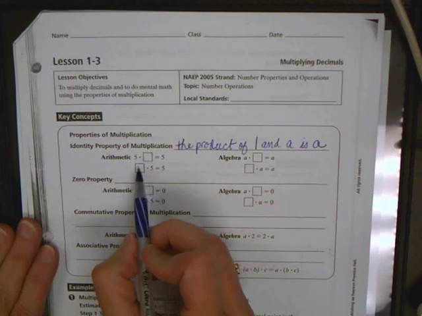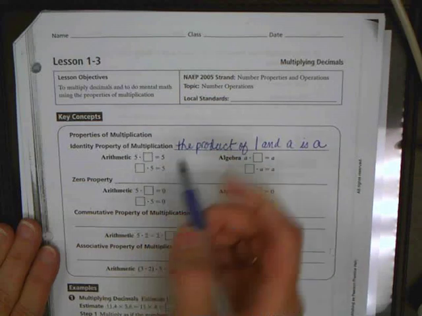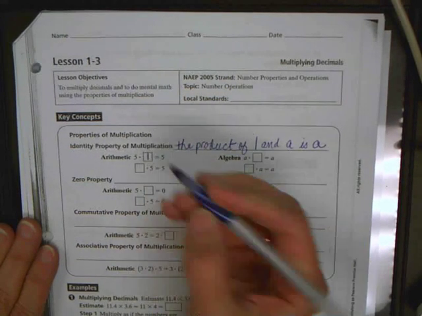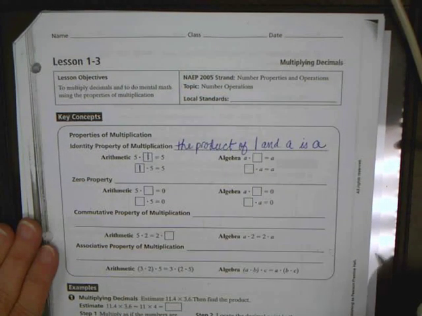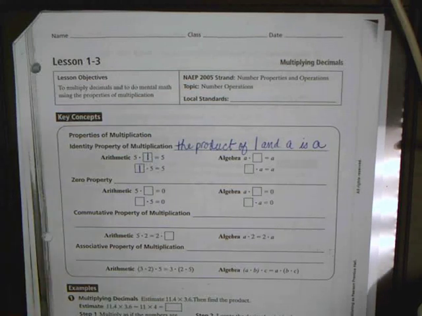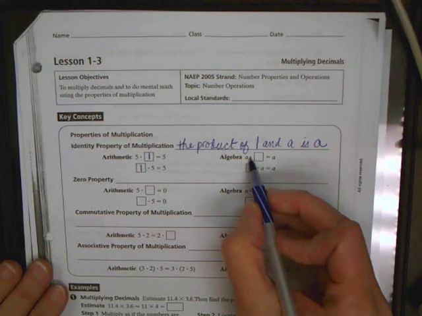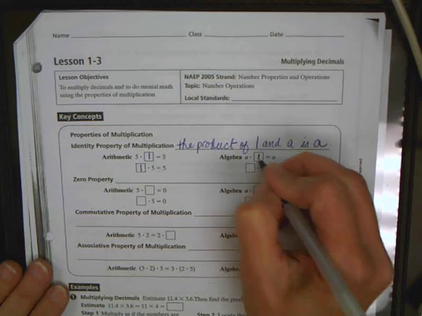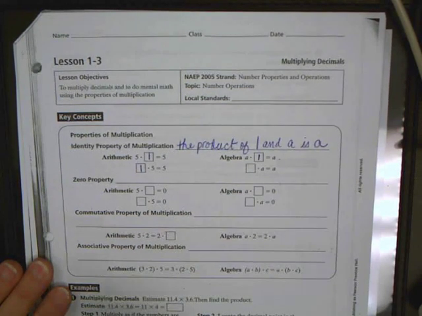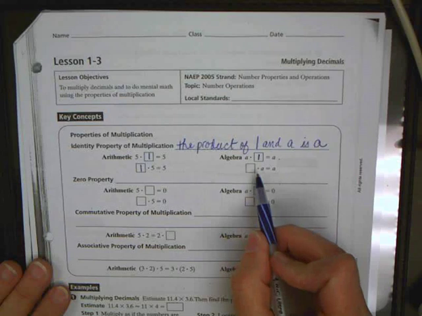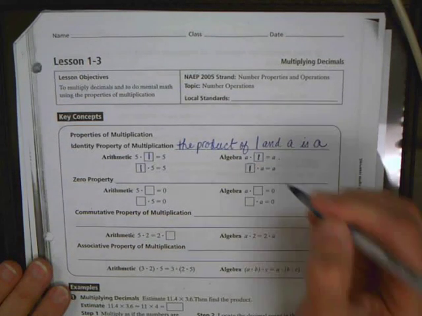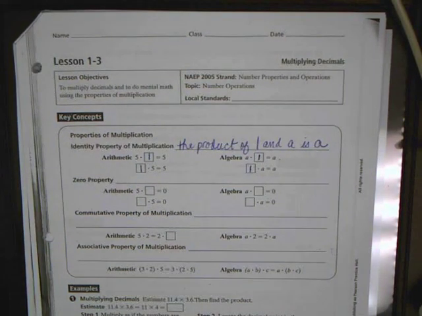So if I look at it with numbers, 5 times 1 is 5 and 1 times 5 is 5. If I look at it with variables or letters, A times 1 is A, or any number times 1 is that number. Also 1 times A is A. So the product of 1 and any number is that number.